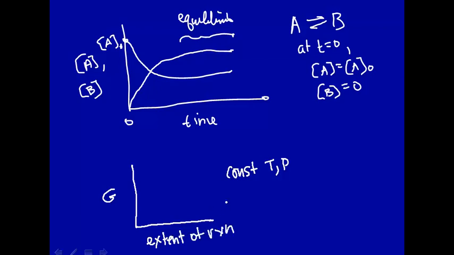Over here you have lots of products, over here you have lots of reactants. At various places along the reaction you can measure the Gibbs free energy G, and you find there's a place where it is at a minimum, and at that extent of the reaction, where you have a certain amount of reactants and products, you're at equilibrium.